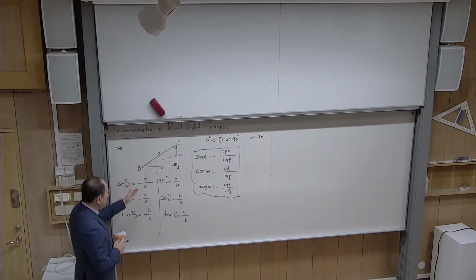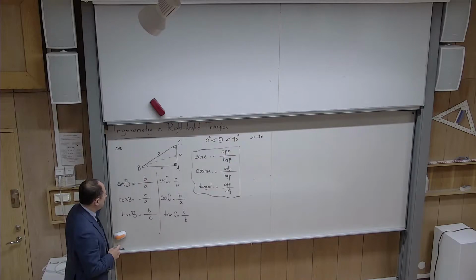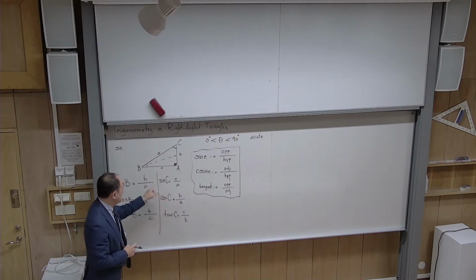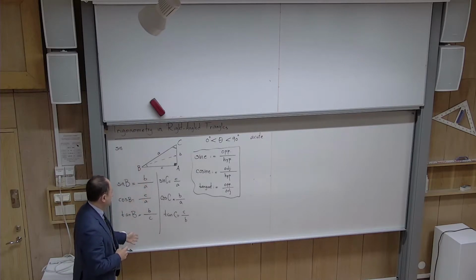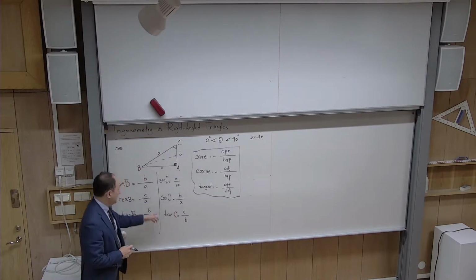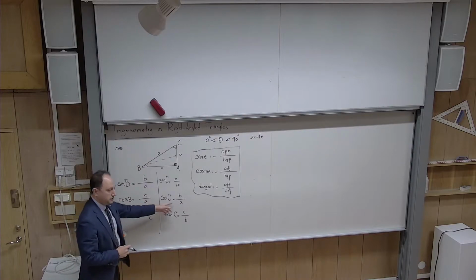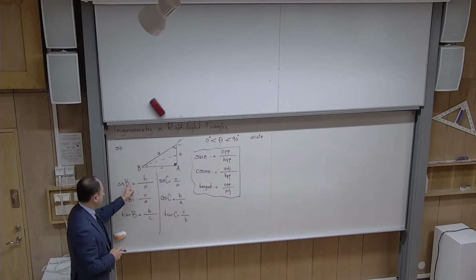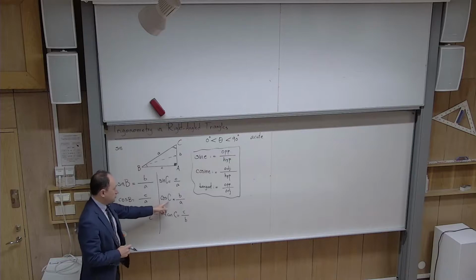And then already some very important patterns emerge here. One pattern is that you see b over a here, and you also have it here. But here it appears as sine, here it appears as cosine. So sine of B, whatever it is, is exactly equal to cosine of C. And the other way around, sine of C also appears the same here.